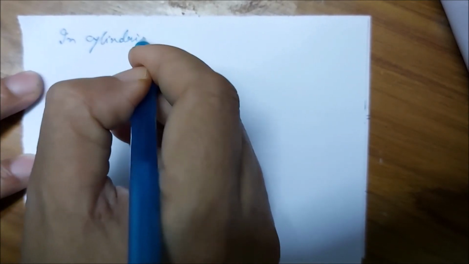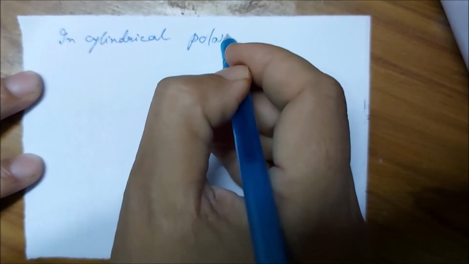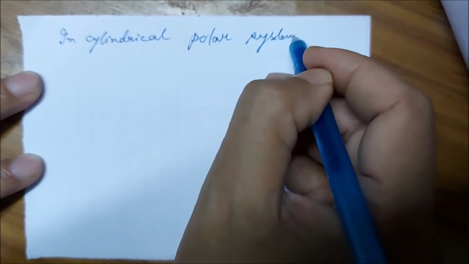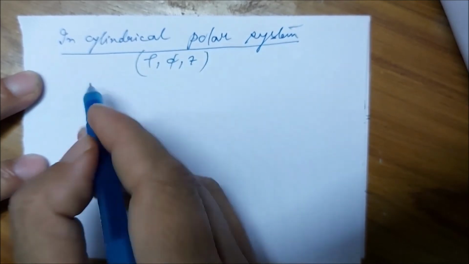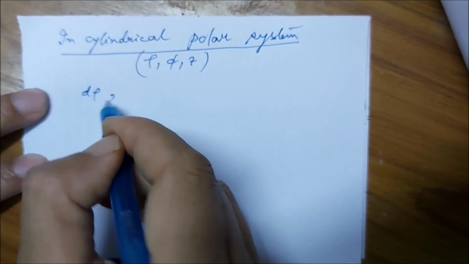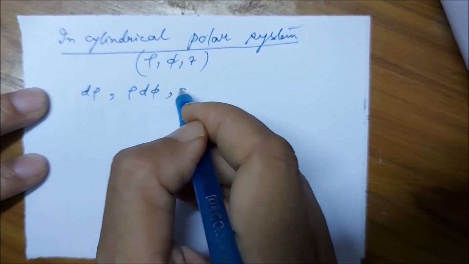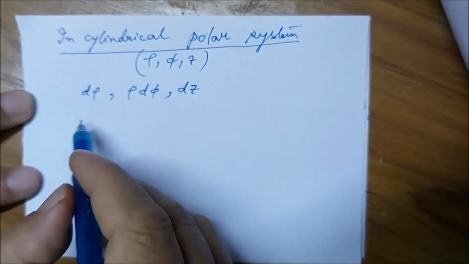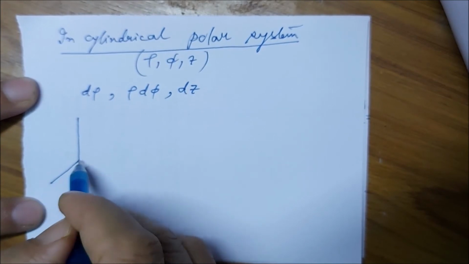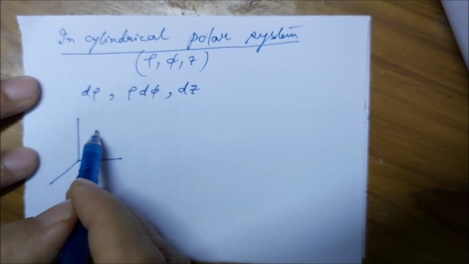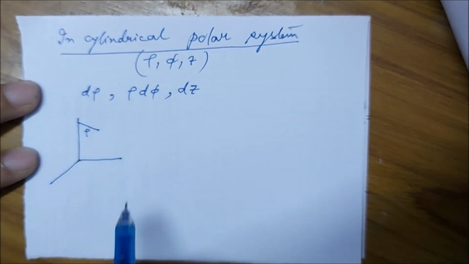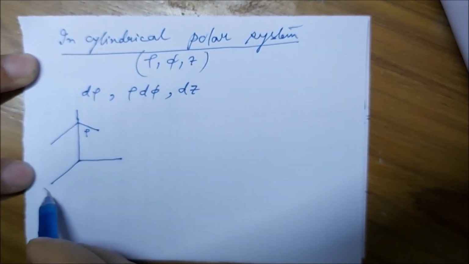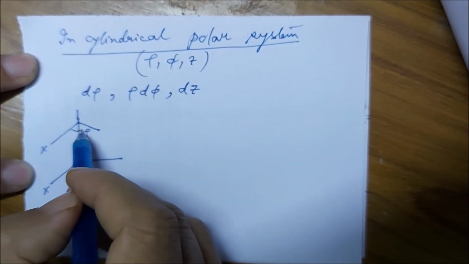In cylindrical polar coordinate system, which is rho phi z system, the length elements are d rho, rho d phi, and dz. Consider a point whose rho coordinate is this one. Now this is the x-axis, this is phi coordinate.